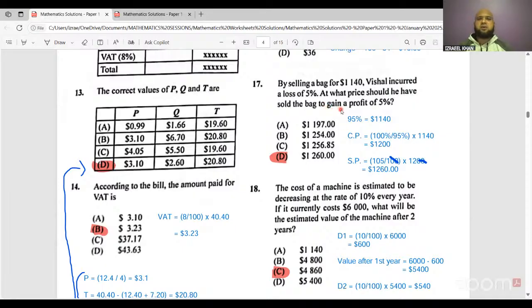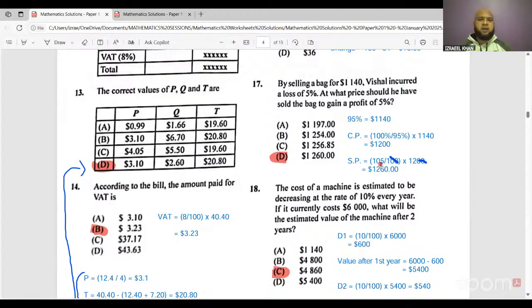They asked for the selling price if you made a profit of 5%. So what's 5% now on your 100? It'll be 105 over 100, which was the cost price, by 1,200, which is the actual cost.